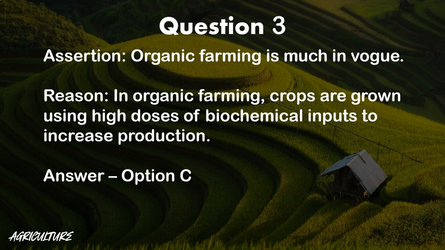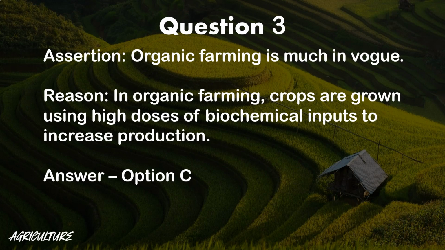And the reason here says that in organic farming, crops are grown using high doses of biochemical inputs to increase production. So here the reason is false, because no, organic farming does not use high doses of biochemical inputs. In fact, the lack of using these biochemical inputs is what sets organic farming apart from conventional types of farming. And the lack of these biochemical inputs is what makes organic farming so popular and trending.